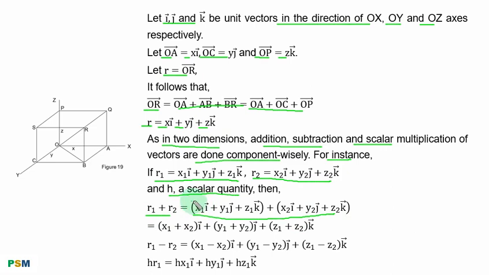So you take x1 vector i plus x2 vector i, you factor out vector i. You have the same for the second and third components. For the difference, you have it in this form, and this is scalar multiplication. h times vector r1 simply means using h to multiply each component of vector r1.